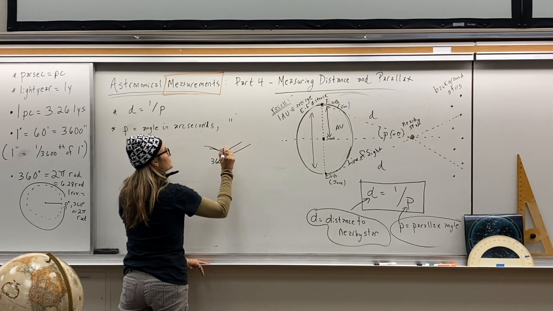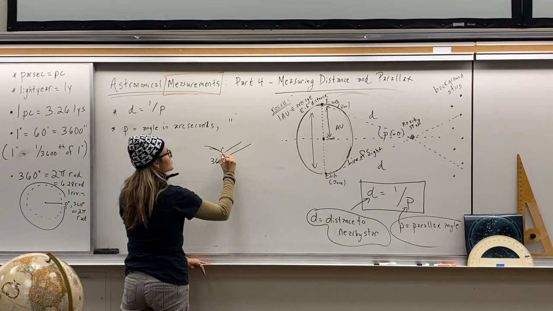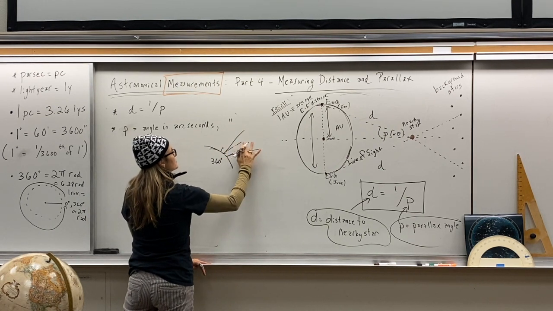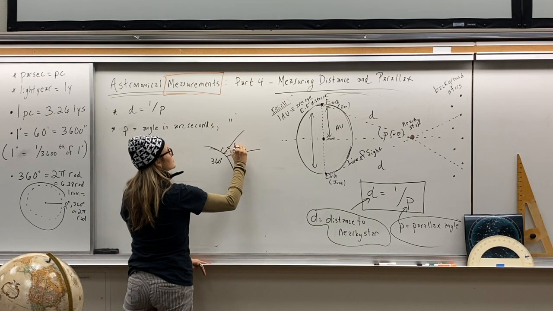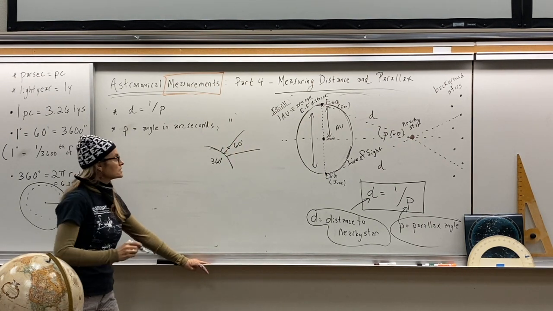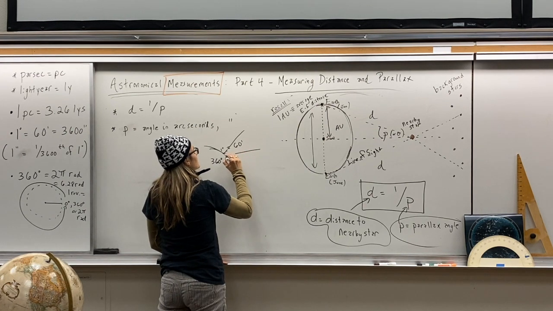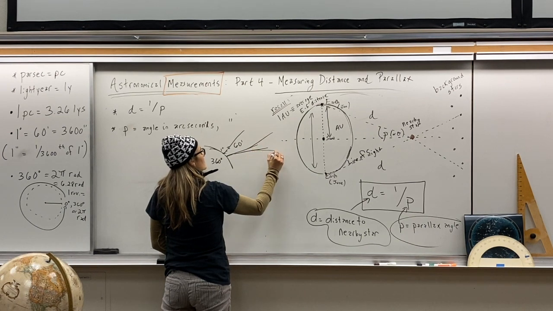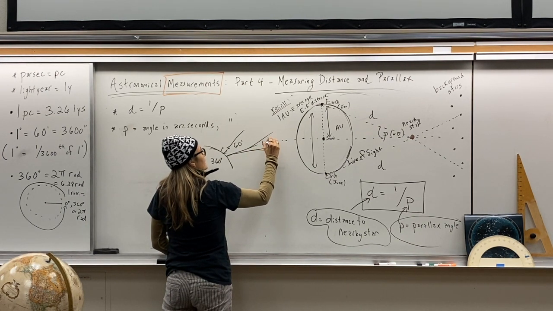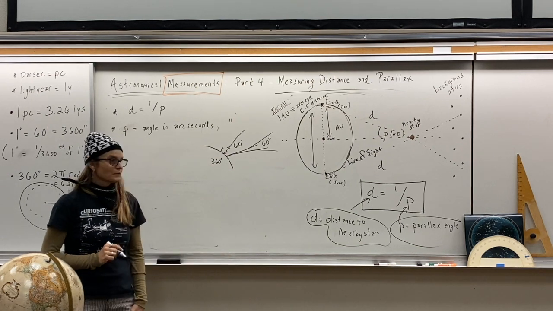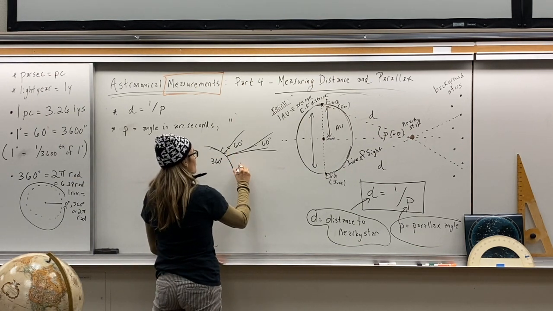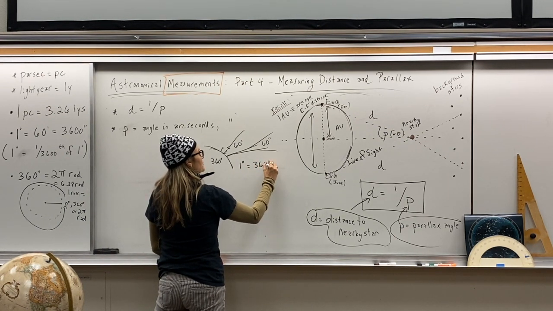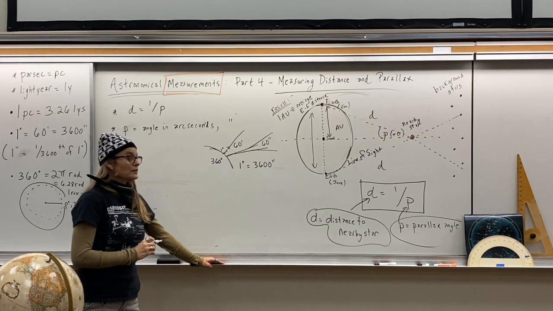Let's say this is 1 degree. 1 degree can be sliced up into 60 minutes, and you take one of these little minutes and slice that up further, and you get 60 seconds. Every minute equals 60 seconds. So 1 degree is equal to 3,600 arc seconds.